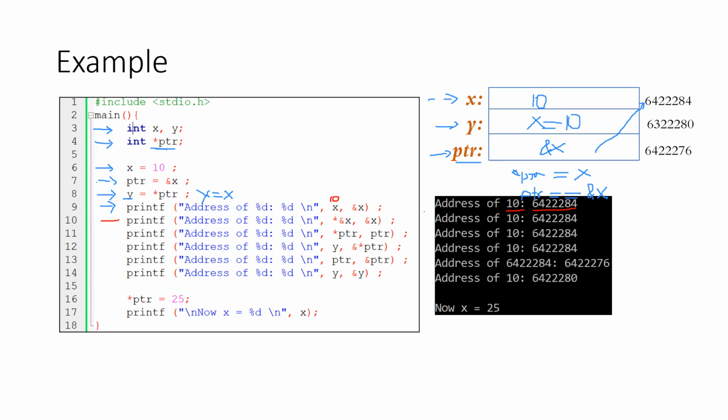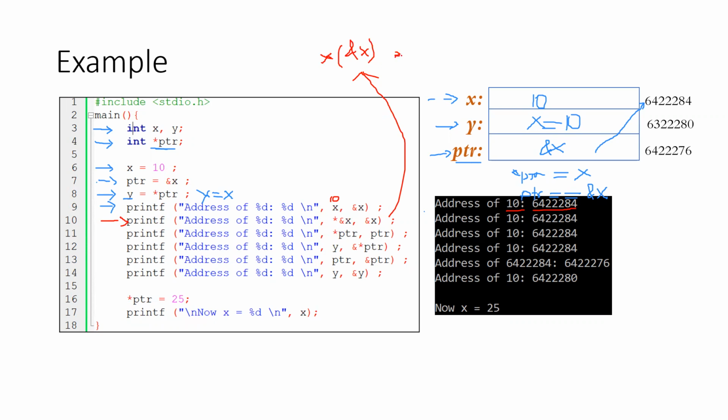Then on line 10, we are using the indirection operator on the address of x. Let's try to visualize it. The indirection operator is applied to the address of x.